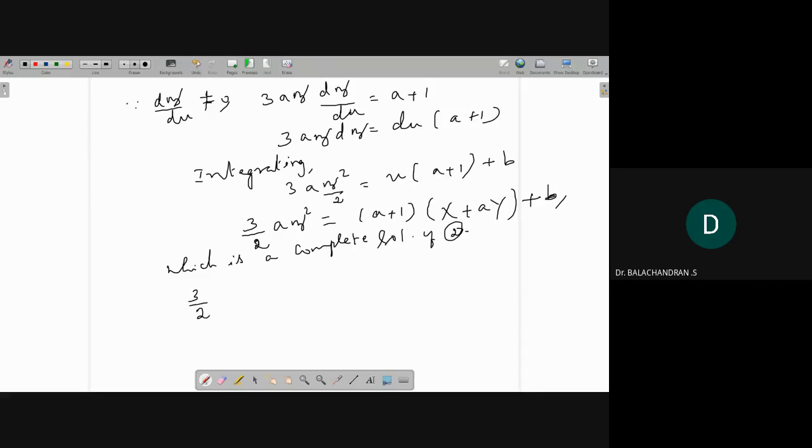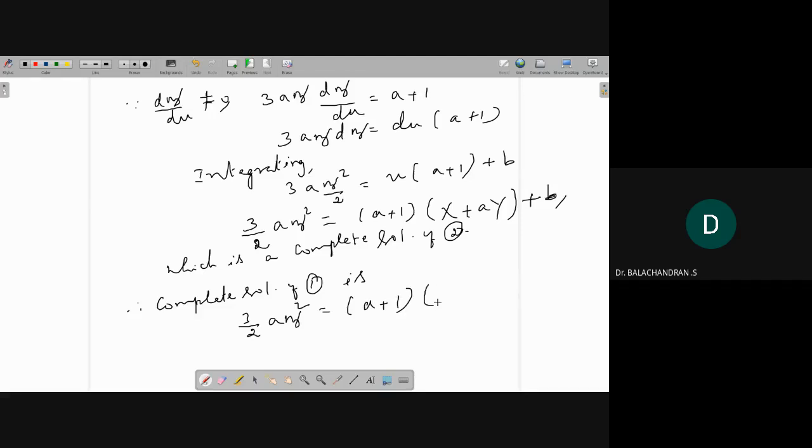Therefore, the complete solution of equation 1 is 3 by 2 a z square equal to a plus 1 times u.